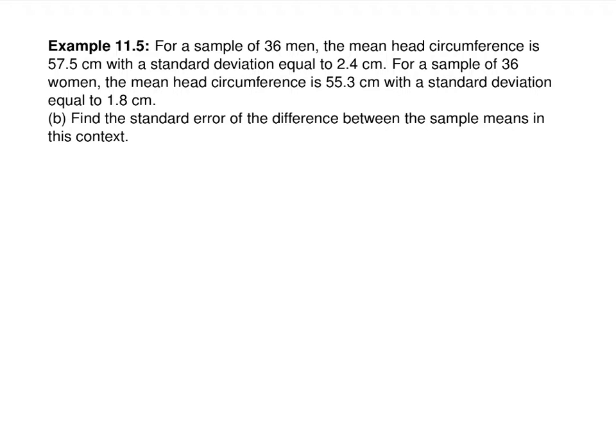I didn't say to use the pooled standard error, so you don't have to. Do you remember what the standard error for x1 bar minus x2 bar was? The first standard deviation over n1 plus the second standard deviation over n2. Only difference is they're squared, because they're inside the square root, not outside of them. Does that ring a bell? Okay.